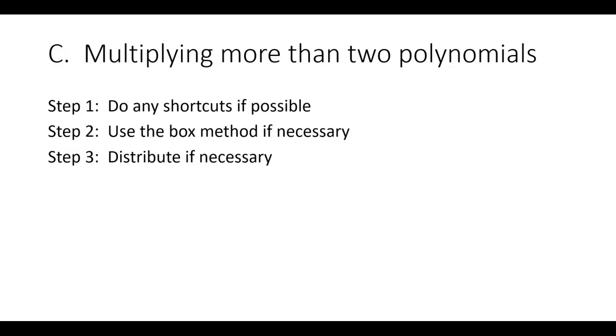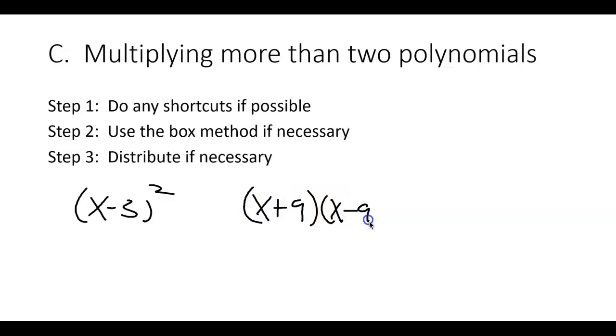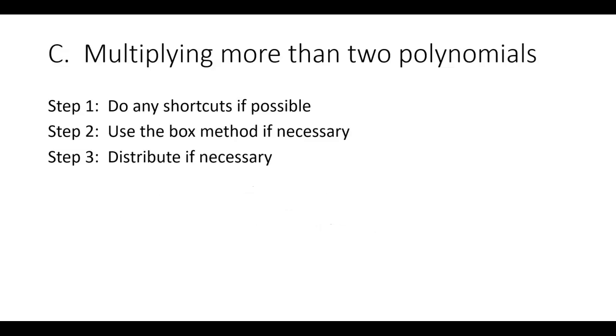So shortcuts first. If you see anything that looks like this, or anything that looks like this, those are our two shortcuts that we learned. So do those first, get those out of the way. Next, anything else that's not one of those patterns, like polynomials being multiplied together, we're going to have to do a box on them. It could be a 3 by 2, it could be a 3 by 3, it could be a 2 by 2. It just depends. But box method.